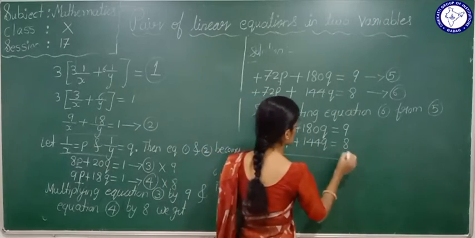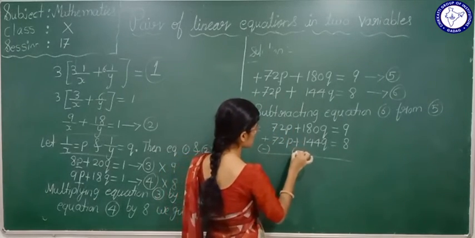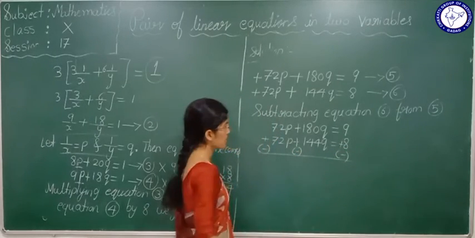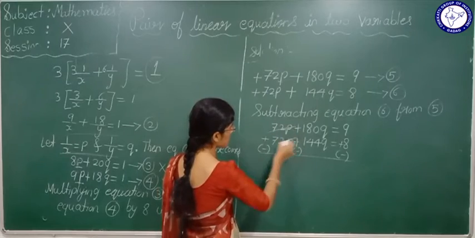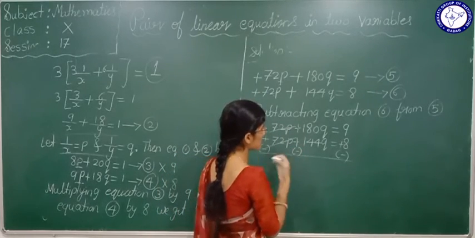We are doing subtraction now, so the plus will become minus. 72p minus 72p gets cancelled.